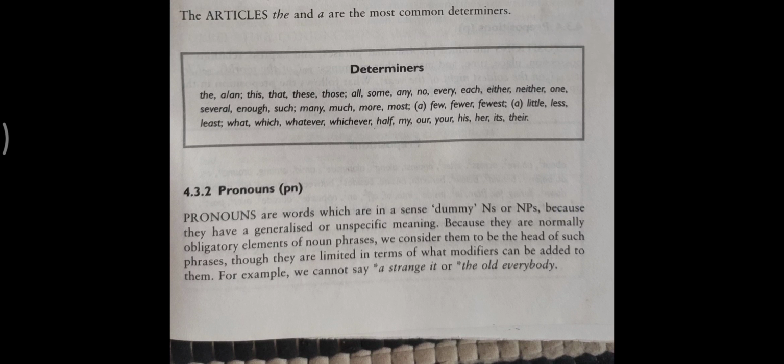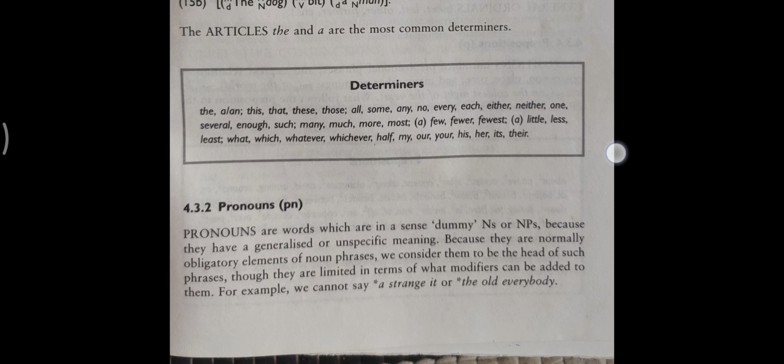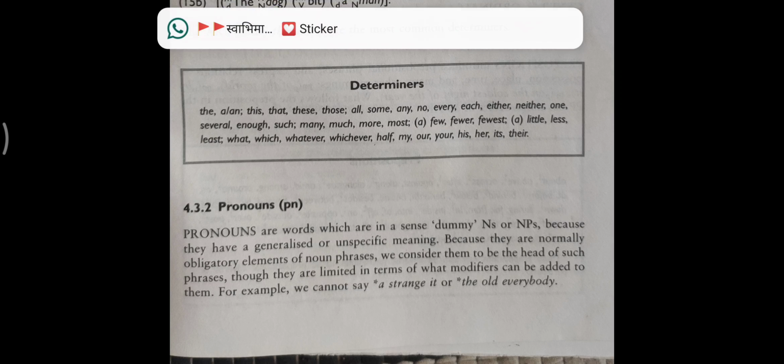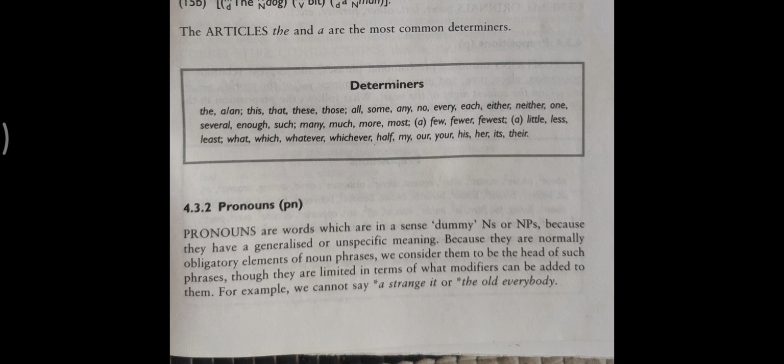Then we have pronouns. Pronouns are words which are also called nouns or noun phrases because they have a generalized or rather unspecific meaning. So we have this unspecific meaning, that is nominal.